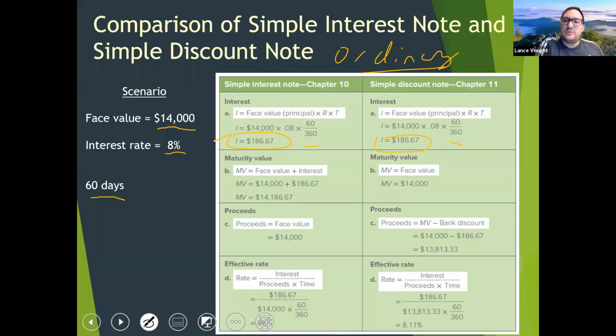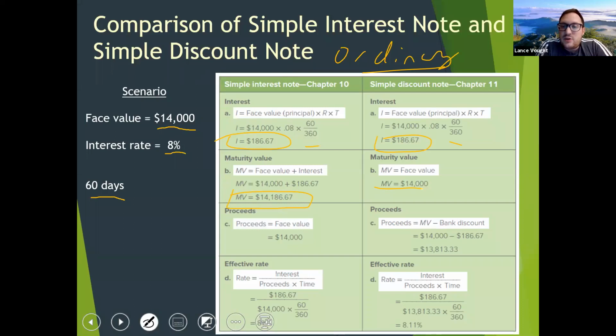And then for simple interest, it's whatever you said you were borrowing plus the actual interest that you're paying back. So this one, you're technically paying back more money. So it might look like on its face that it's a better option because, okay, in this one, I'm only paying back 14 grand. This one, I'm paying 14,186.87 back.